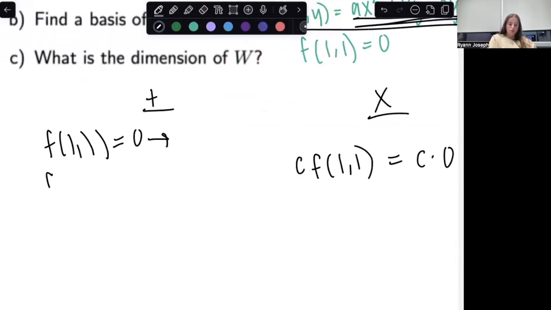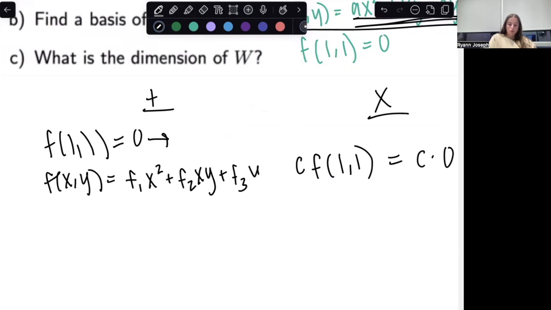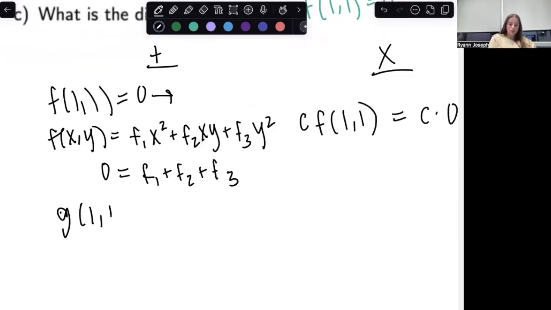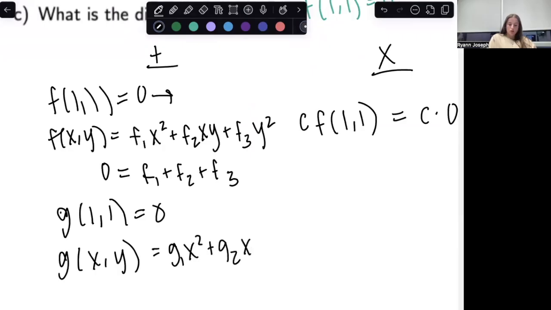Let me write this. f of xy is equal to f1 x squared plus f2 xy plus f3 y squared. So when this is true, 0 is f1 plus f2 plus f3. Then for g of xy, it is g1 x squared plus g2 xy plus g3 y squared.